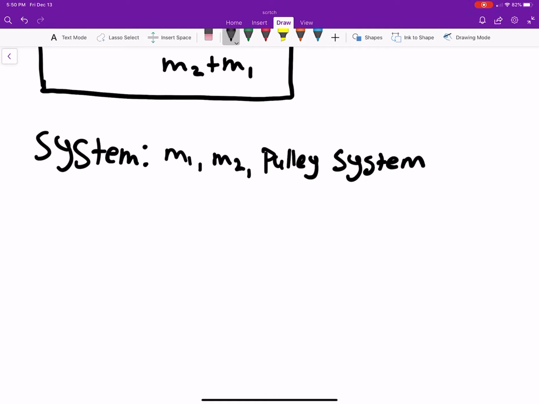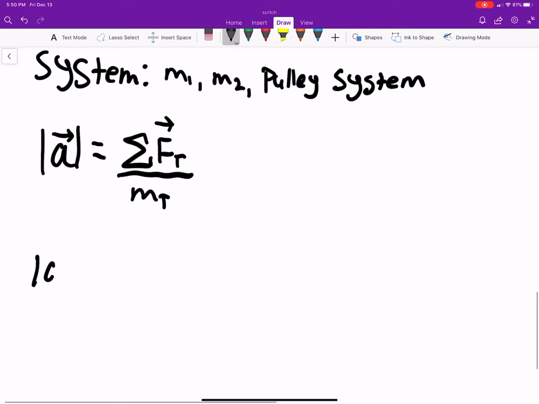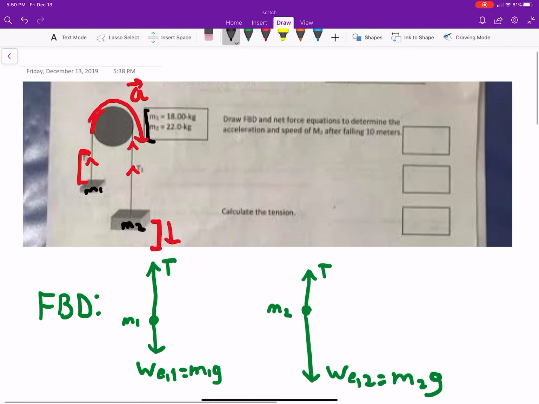So now we can say the magnitude of our acceleration is equal to the sum of our forces, total, over mass total. Now, maybe this looks a little weird, but all this is saying is the net force acting on both block 1 and block 2.